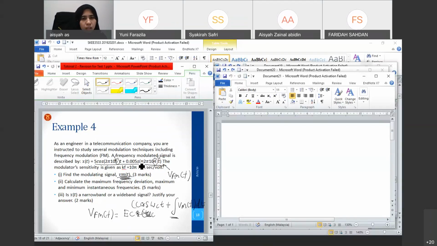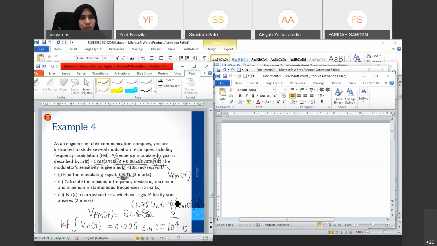Okay, this is KF integration of VMT equals 0.005 sine 2 pi 10 power 4 t.